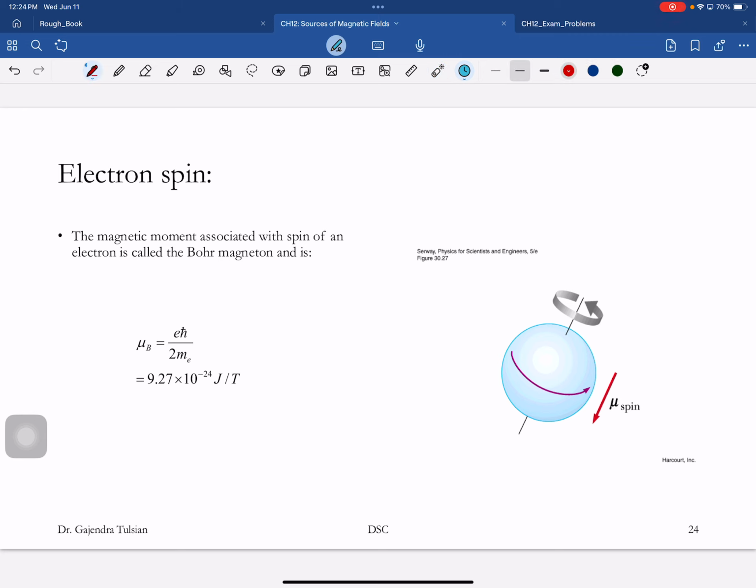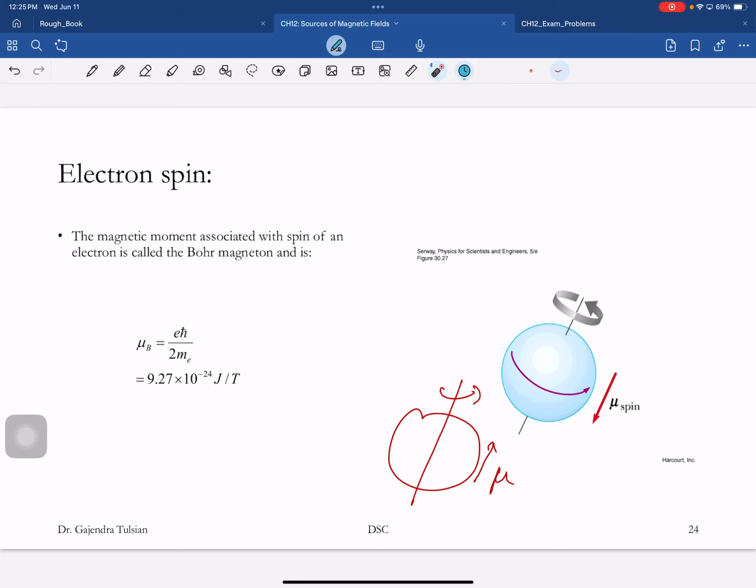The proton similarly is spinning. And since the proton is positive, its magnetic moment points in the same direction as the spin, as the angular momentum or the spin momentum. The proton mass is 2,000 times the mass of the electron. So this magnet, even though the charge is the same, is 2,000 times weaker than that, roughly.